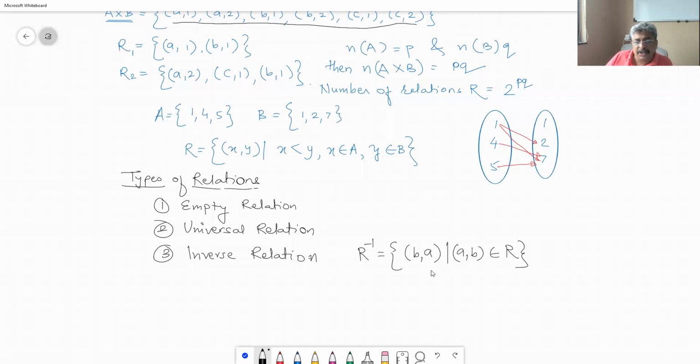I mean, just come in the opposite direction. That is inverse: all those B comma A's where A comma B's are part of the relation. So, domain of R is equal to codomain or range of R inverse.